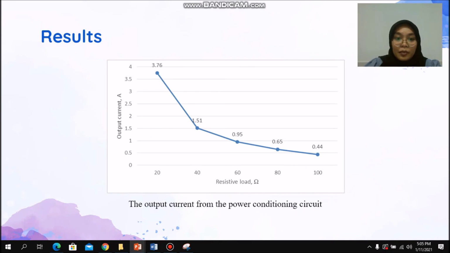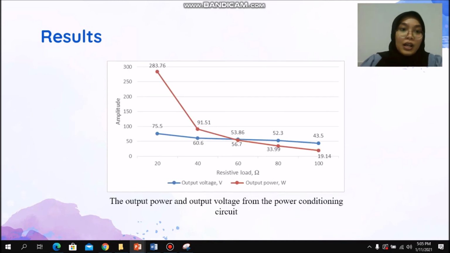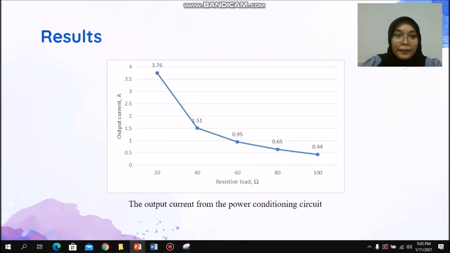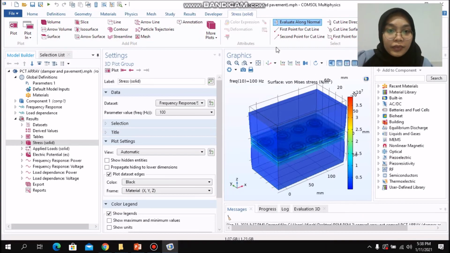This is the output current we have used to calculate the output power. This is the simulation that has been done.